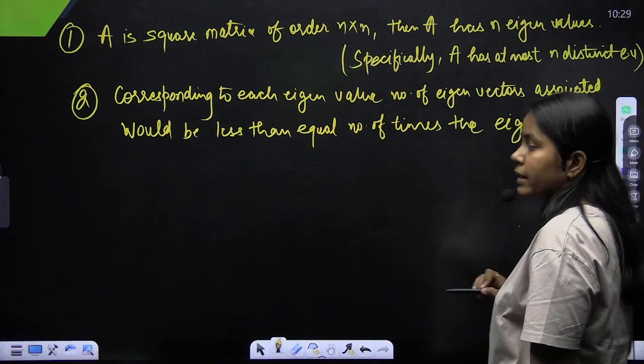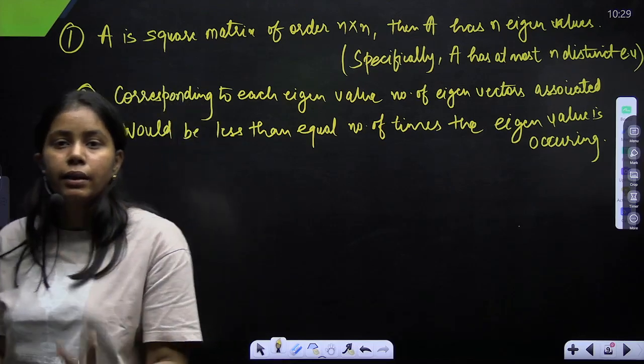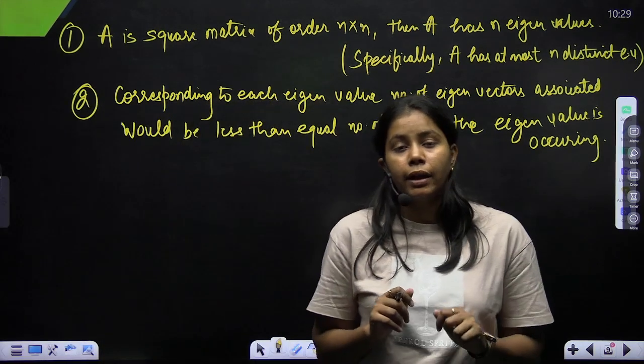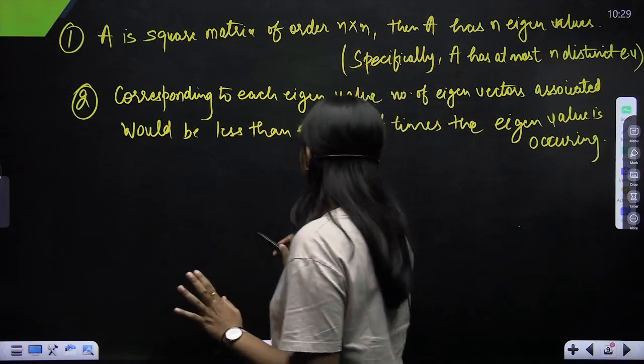So that means, let's suppose eigenvalue 1 is occurring 2 times, so I can have at most 2 eigenvectors. I cannot have more than 2 eigenvectors, right? There might be a possibility that I'll have 1 eigenvector, but at least there will be an eigenvector.